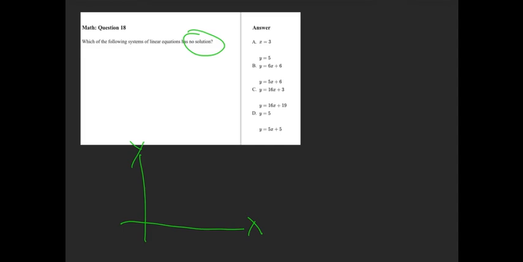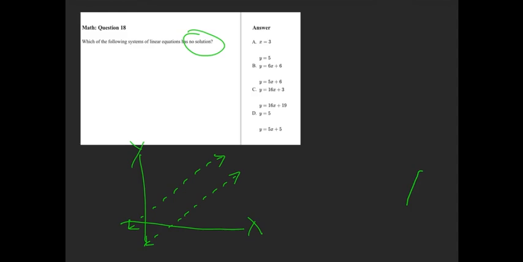How can we graphically represent that? An example would be these two dotted lines, where they extend infinitely in both directions, but they never touch.